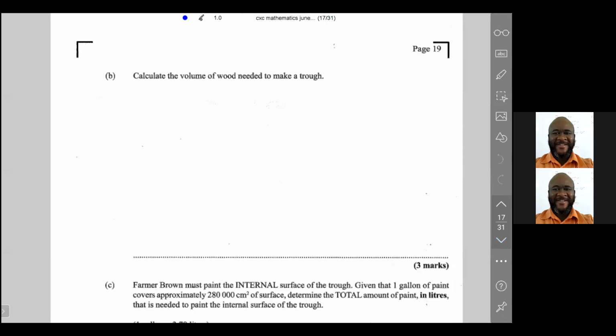All right, so next we're asked to calculate the volume of wood needed to make the trough. Well, to determine the volume of wood that you need, you simply need to subtract the internal volume from the volume of the entire cuboid.